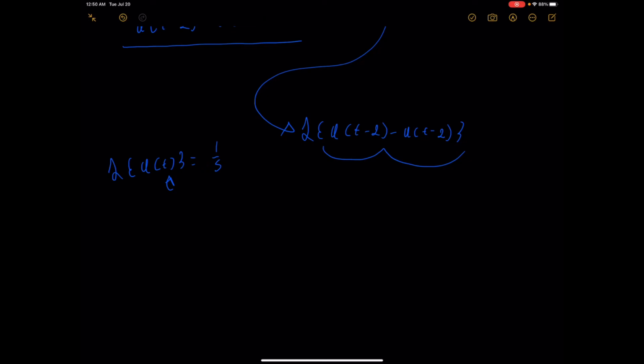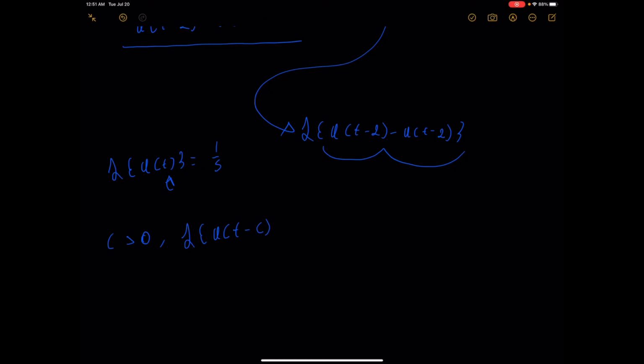So let's say we have some value c that's greater than 0. If that's the case, by this definition, we should be able to take the Laplace of u of t minus c, that's if c is greater than 0.